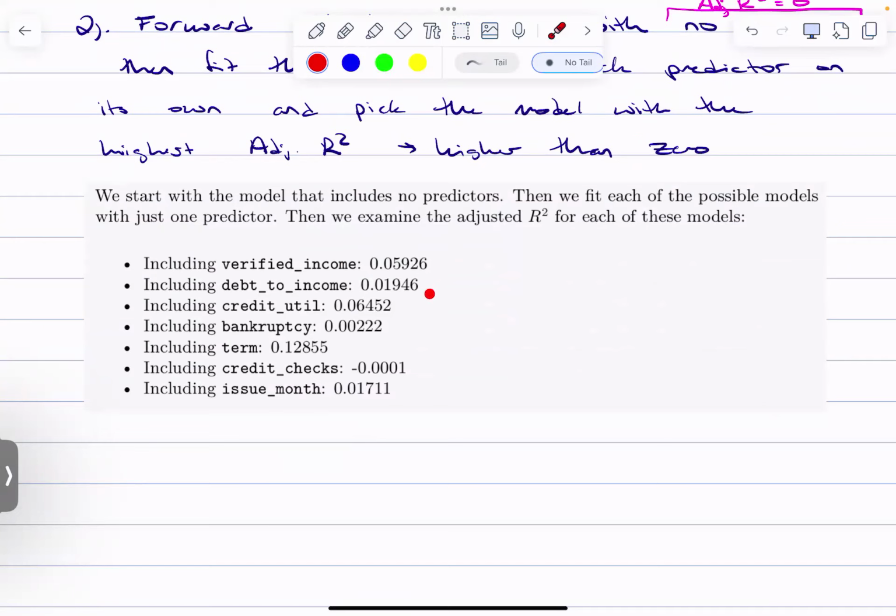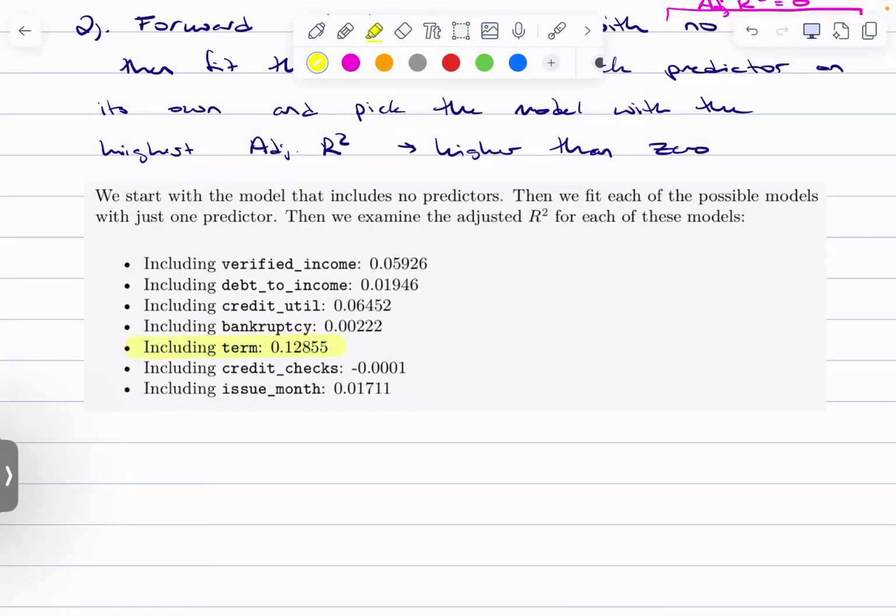That's not great. Even worse is the debt to income, so only using the debt to income ratio. And I like this one, including the term. That gives me a nice high adjusted R squared. And so then I definitely include that in my model. Okay? And then I do the same thing.